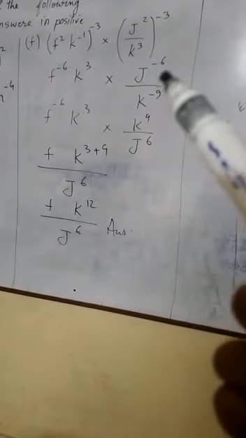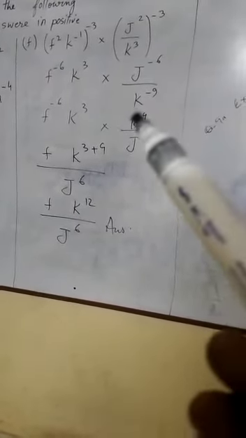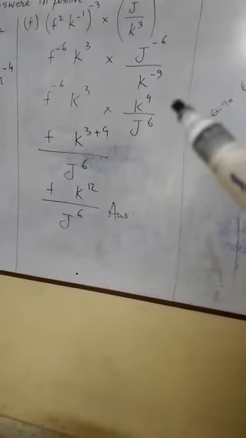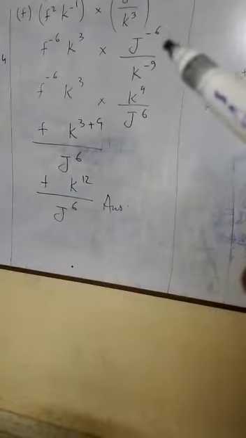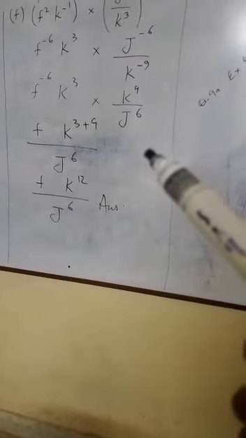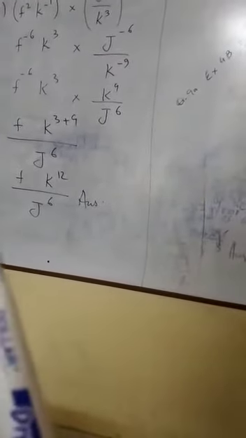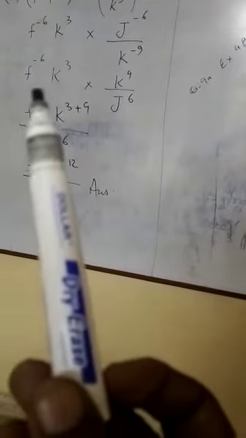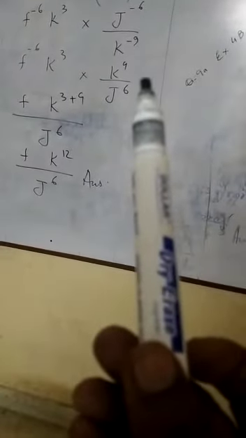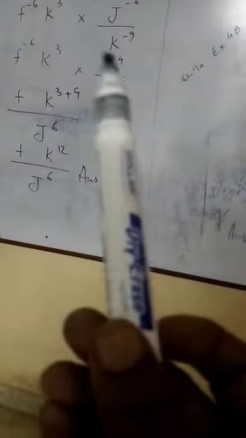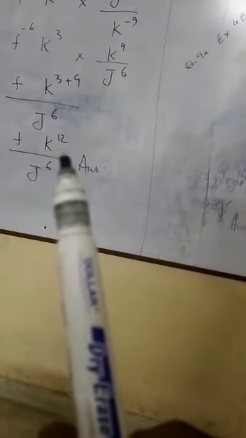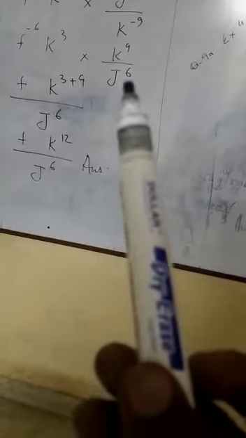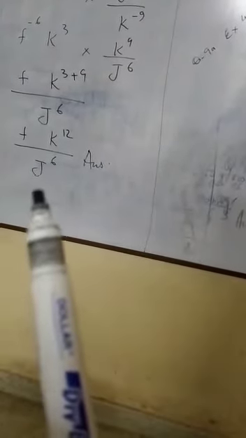And this is J^6 minus 6 and K^-3. Now K^-9 will go up, it will become positive, and J^-6 will come down, it will become positive. Now what we are going to do is add the powers in the numerator. So 3 plus 9 will become 12 and this J^6 will come down.